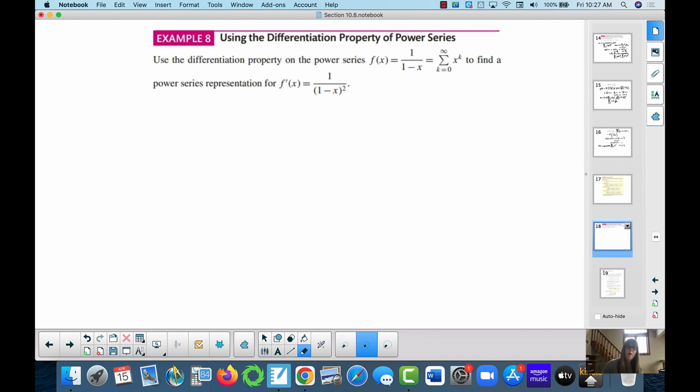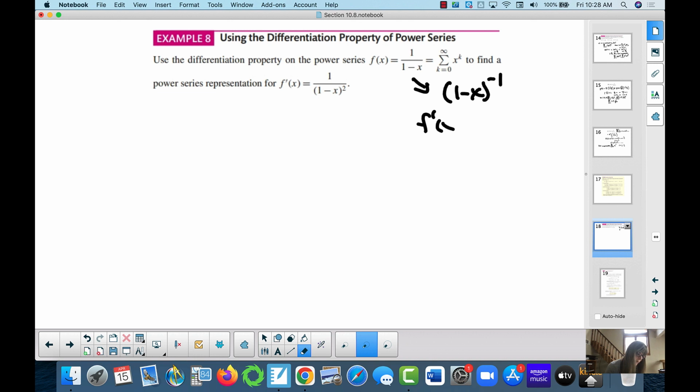So the way that this is helpful, again, I can use what I know about this series. I know what the interval of convergence is for it, and that helps me figure out a representation for this one. Since this is the series that represents that function in the interval of -1 to 1, if we take the derivative, I can change this to 1 minus x to the -1 power.